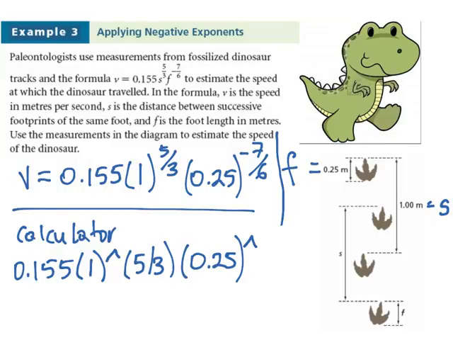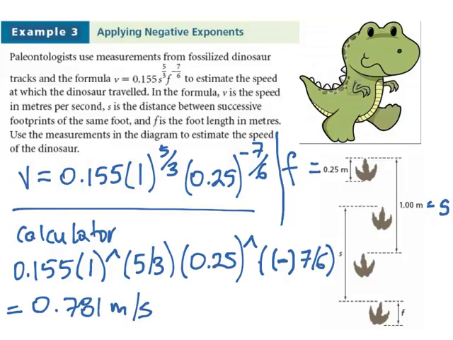Press a bracket, and then you're going to have this button that has a bracket and a minus sign. It's right below the 3 button, to the left of the enter button. And 7 divided by 6, close bracket, and your answer will be 0.781 meters per second. It's an approximation. So your dinosaur was traveling at 0.781 meters per second.